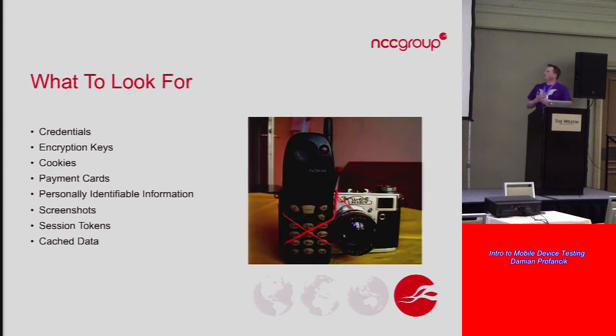When we're looking for data on the device, whether that's log files or configuration files and things like that, what we're looking for is things like credentials, encryption keys, session tokens, PII that's unencrypted, and maybe a SQLite database.